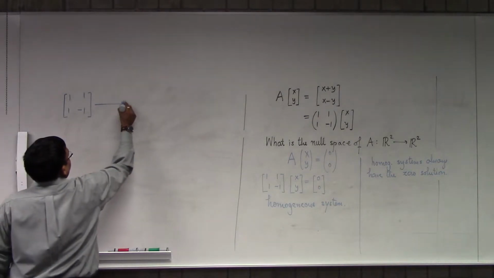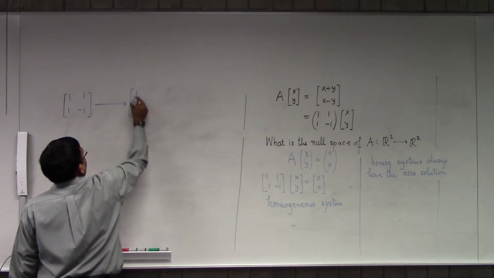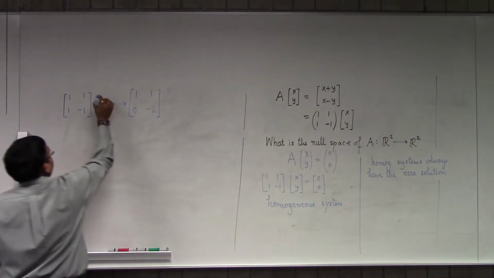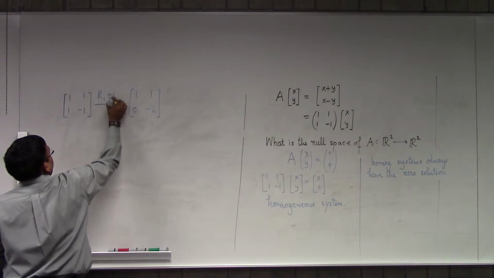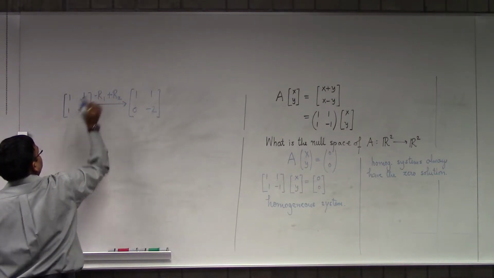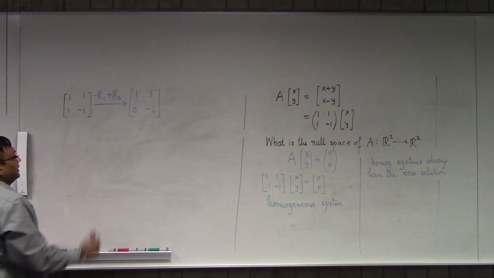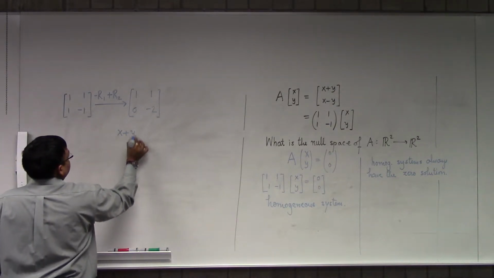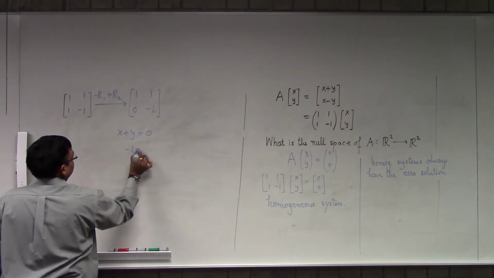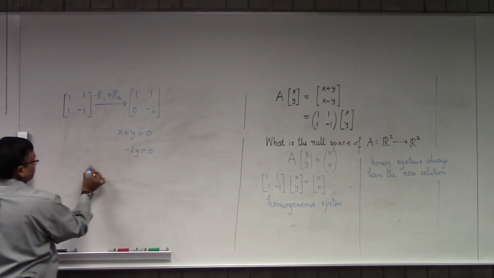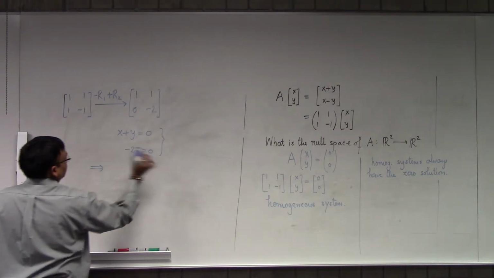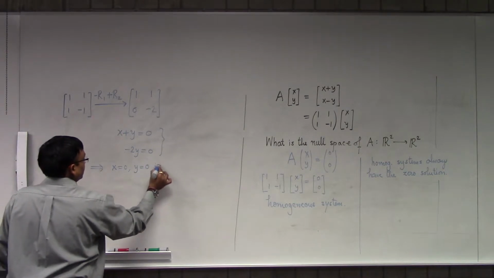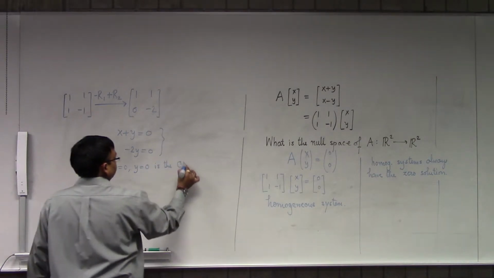If I do the row reduction, I will get 1, 1, 0, minus 2. What I'm doing is basically row 1 subtracted from row 2, and this is what we get. As you can see, this is in echelon form. So x plus y is 0 and minus 2y is 0. This means that x is 0 and y is 0 is the only solution.